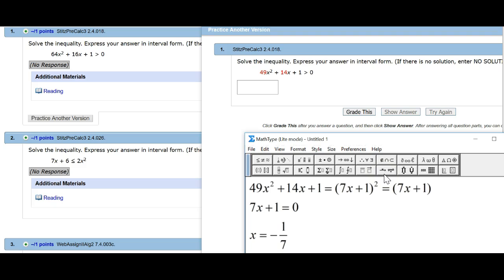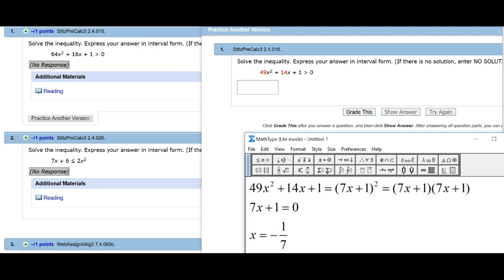So this is 7x plus 1 quantity squared. So 7x plus 1 squared is 7x plus 1 times 7x plus 1, obviously, which means you have a repeated 0. So the graph of this only has 1 0 at the x-axis, right?